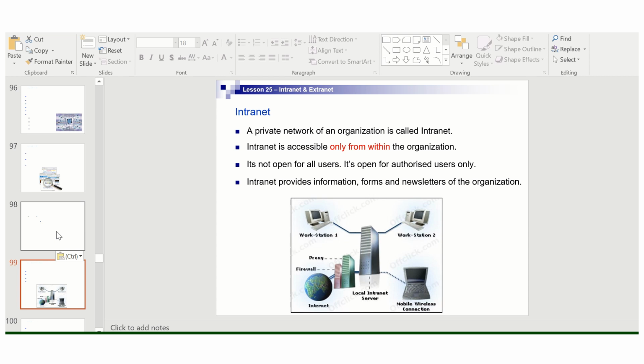Intranet, because in the intranet is private information. It's not information that other people need to know.